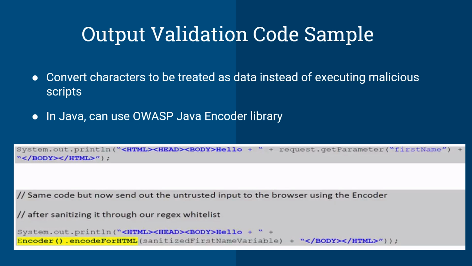The encoder I'm showing on this slide is a Java encoder library available through OWASP. But many frameworks these days have built-in encoders that you can call, so you would pass your sanitized variable into that encoding method or function prior to sending it back out to your web page.